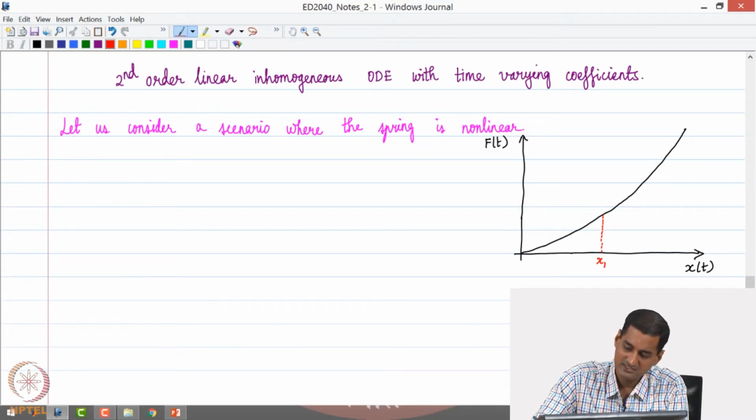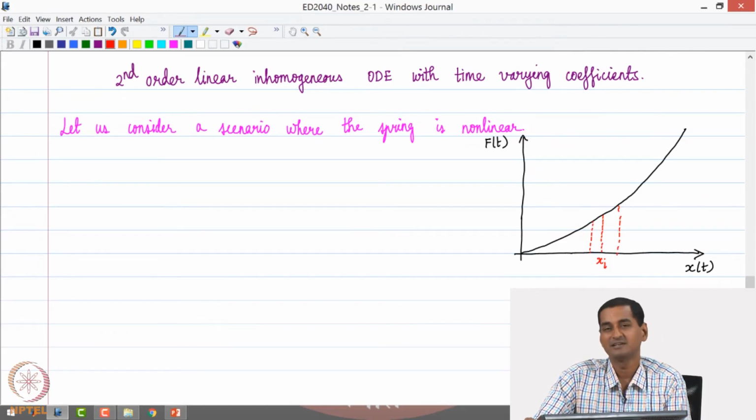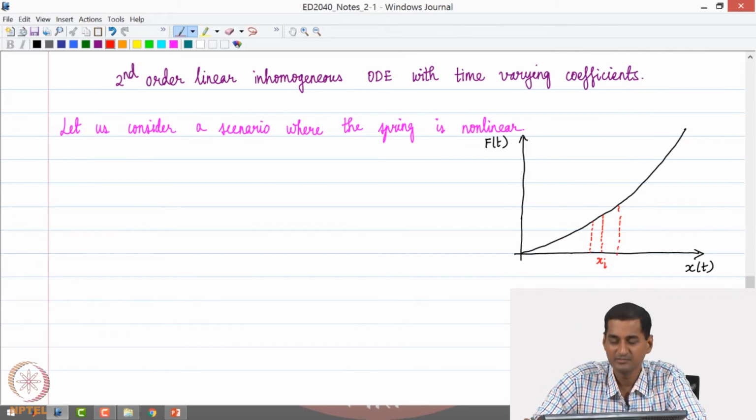Let us call this displacement xi, and by and large we would operate the spring in a region around this xi. It may so happen that the spring is operated in a region around this initial state most of the time.